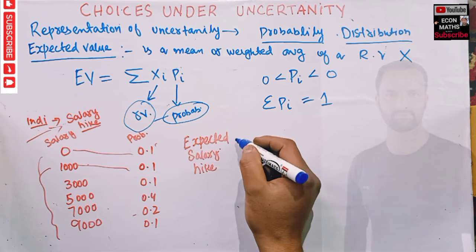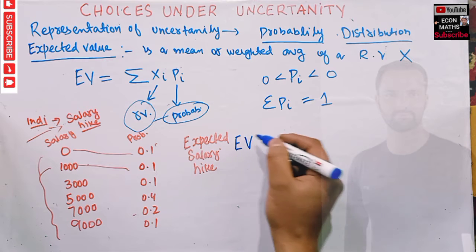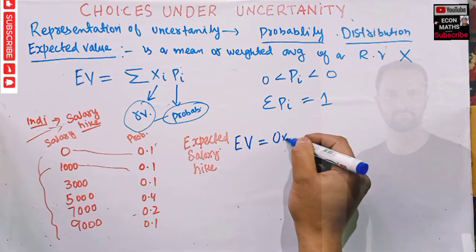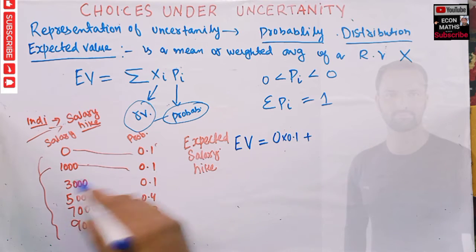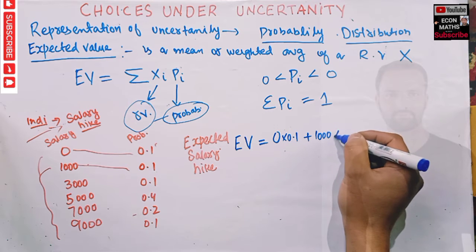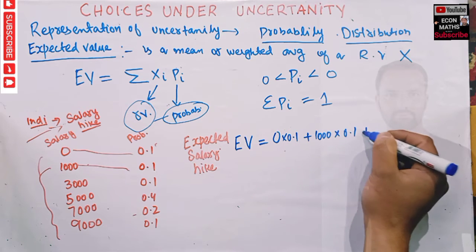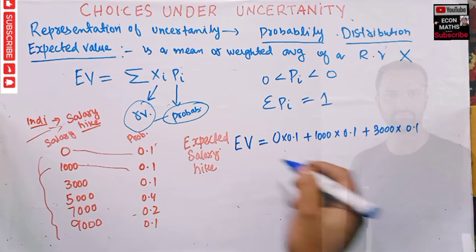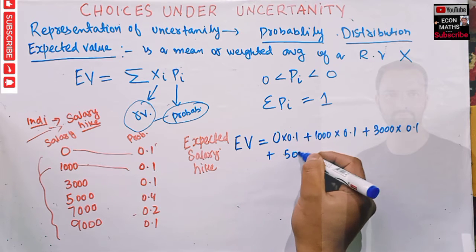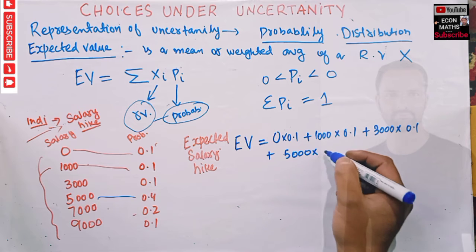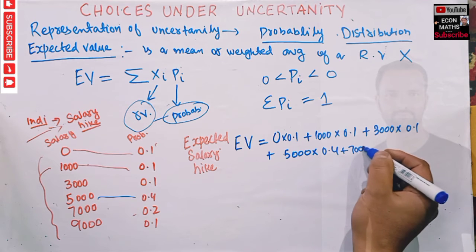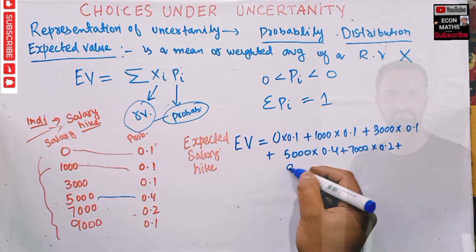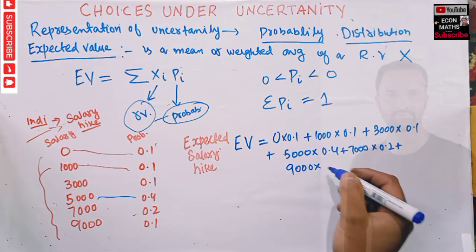That means expected salary hike, let us write it like this: expected value will be equal to 0 into 0.1, okay, then we have 1000 into 0.1, plus 3000 into 0.1, plus 5000 into 0.4, plus 7000 into 0.2, plus 9000 into 0.1, okay.